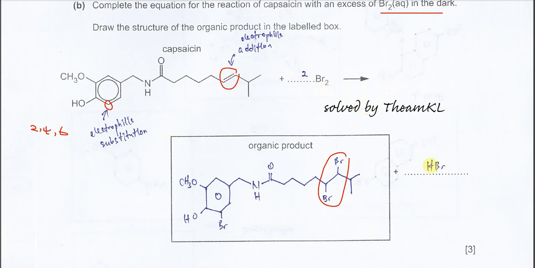The other bromine will combine with the hydrogen ion released here and form HBr. So in total 2 bromine molecules are needed, and eventually it will form this organic compound together with the side product HBr. So this is a balanced equation, right?